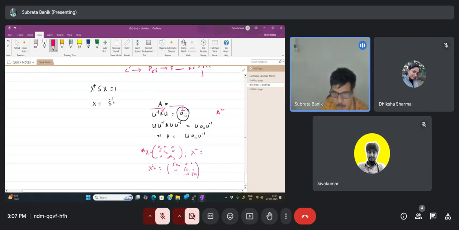The matrix will be A1 square, A2 square, up to AN square. If you undiagonalize it, you do U times A diagonal square times U inverse, and this will be equal to A square. So the procedure is the same.